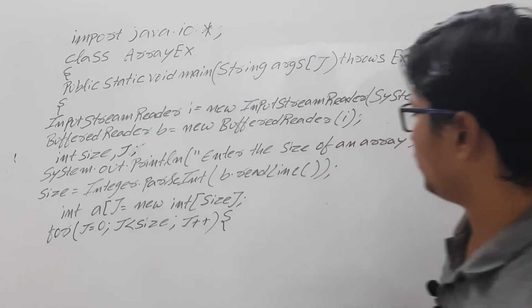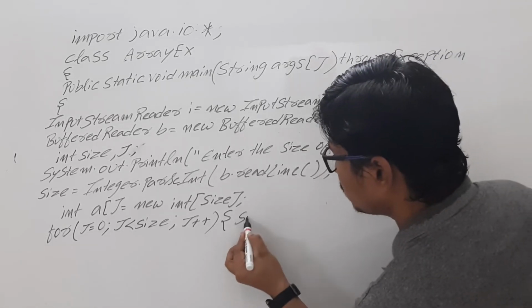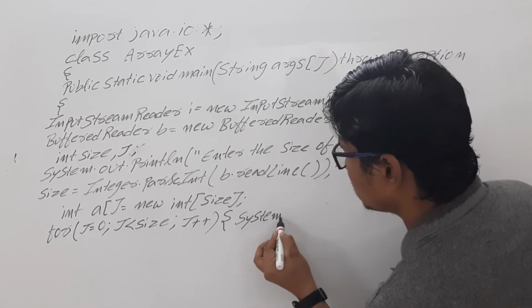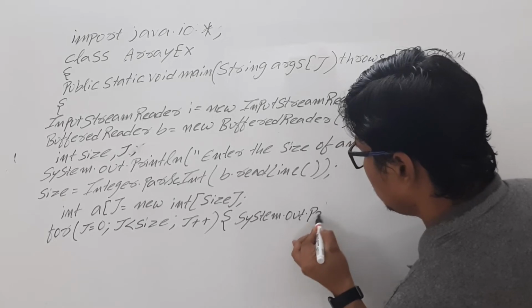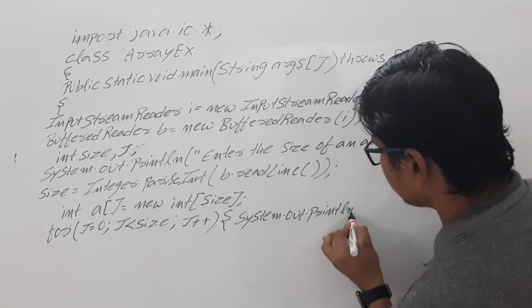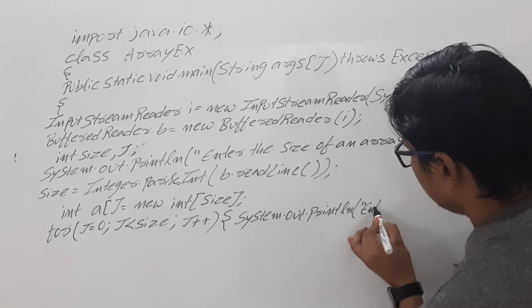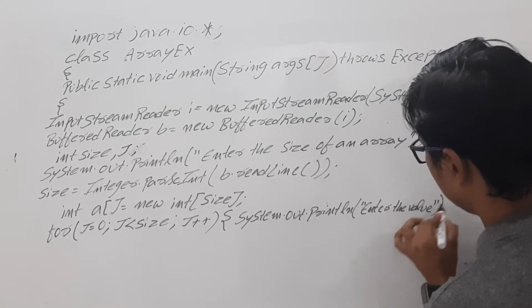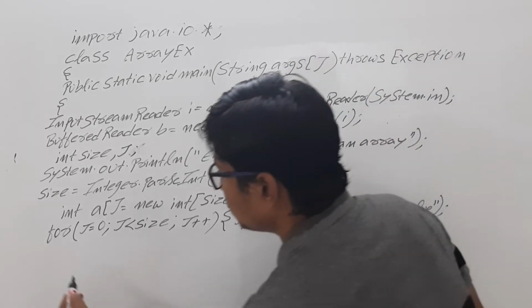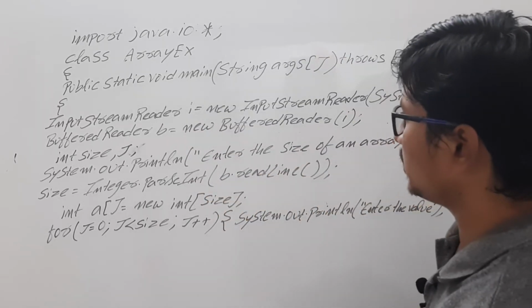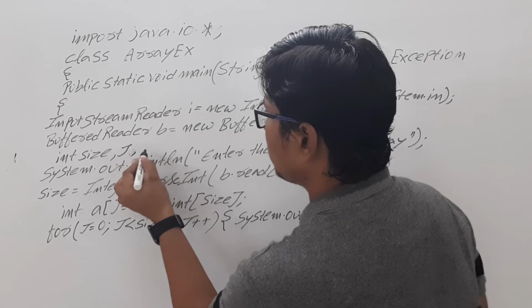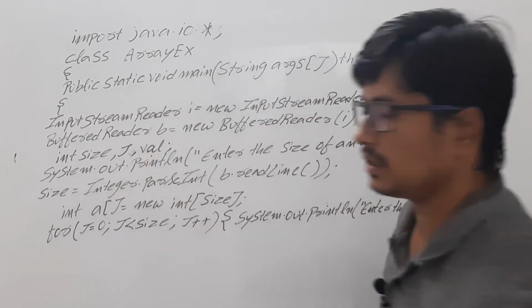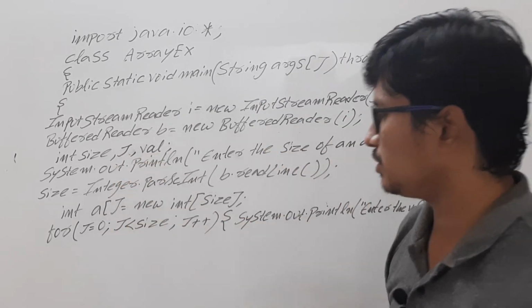I will open the for loop and then I will ask the user to enter the value. System.out.println("Enter the value"). That value, what I will do here is take some val. All the variables whichever you are using, first you need to declare.